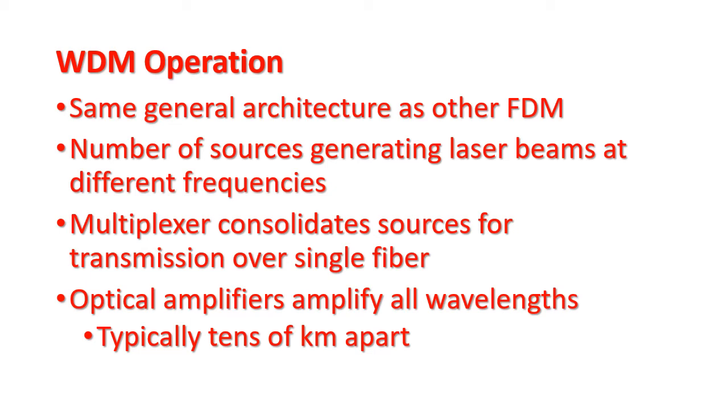And take note that light waves generally suffer less attenuation compared to electrical signals. So we can have fewer amplifiers using fiber optic cables than when using wired copper cables.